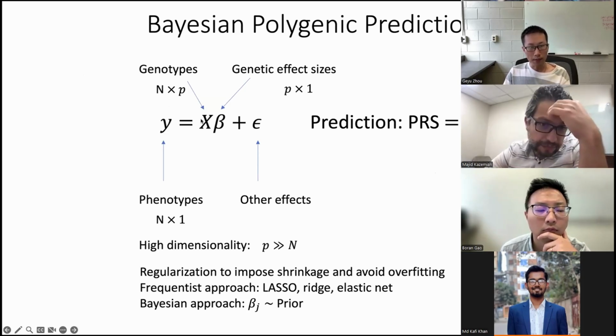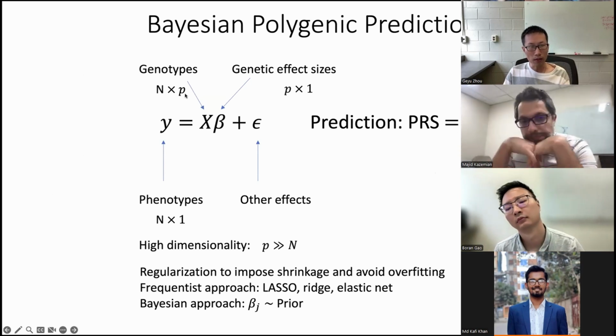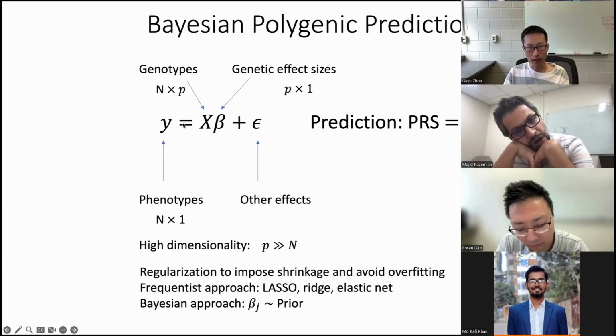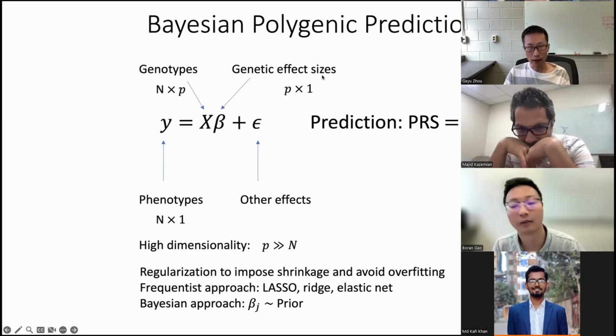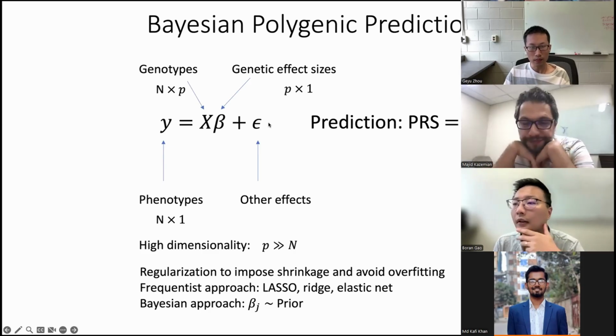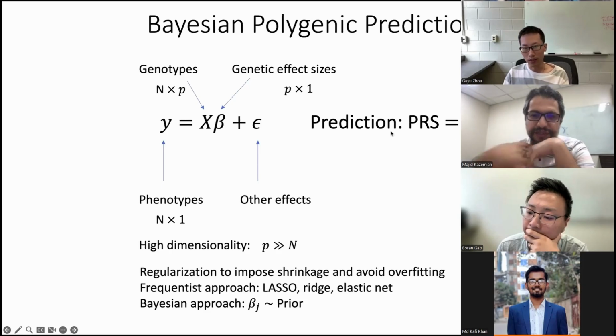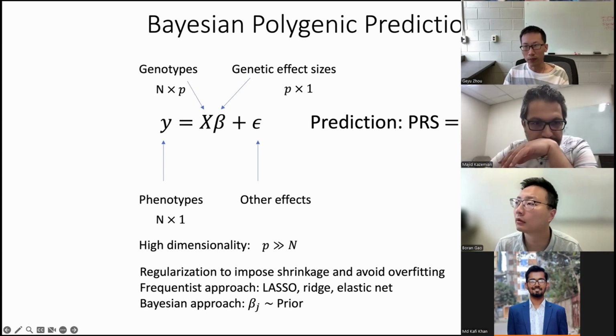The genotype X is typically an n by p matrix, with n as the sample size and p as the number of SNPs or markers, and beta is a vector of the genetic effect sizes to be estimated, and epsilon is the random error. And once we get an estimate of the effect size beta, an estimator beta hat, we can construct the prediction model in new samples by a simple linear sum.